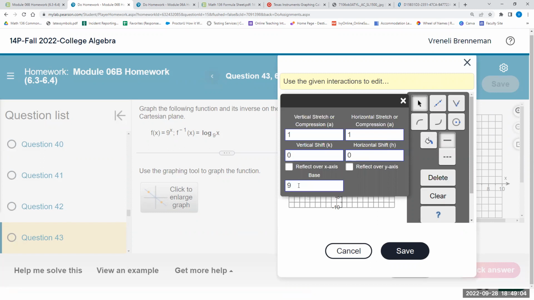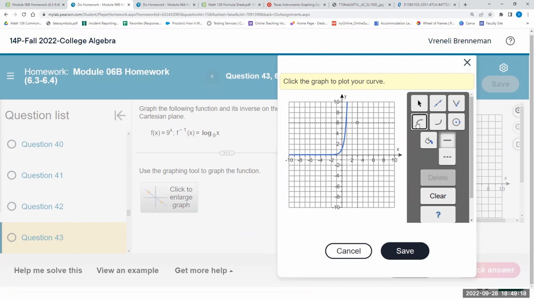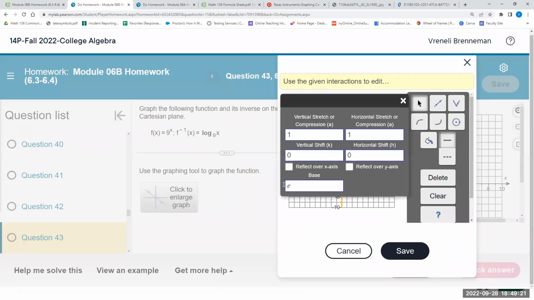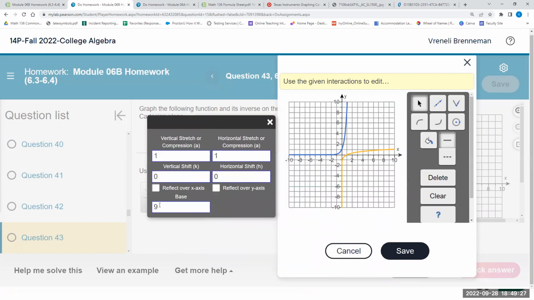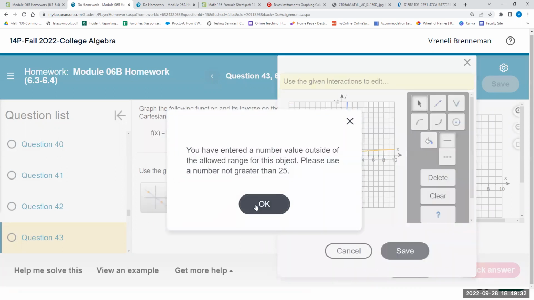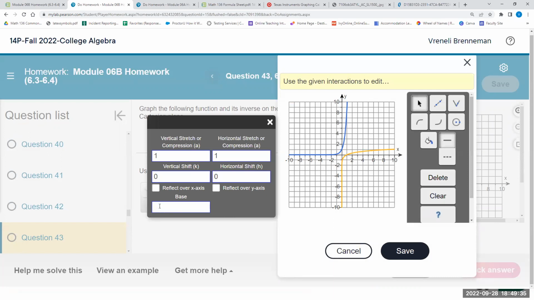In this case, it's not starting out with the right base. I have to change the base, but nothing else has been done to shift it, reflect it, or stretch it. So just base 9, and there it is. Then the logarithm, same deal: click anywhere, put in the base. Notice when I change that base, if it was base 2, you'd have a less steep graph, a less tight curve.